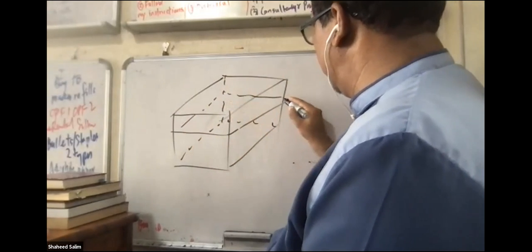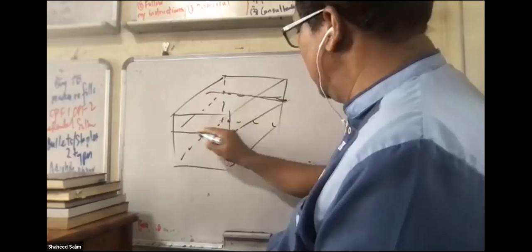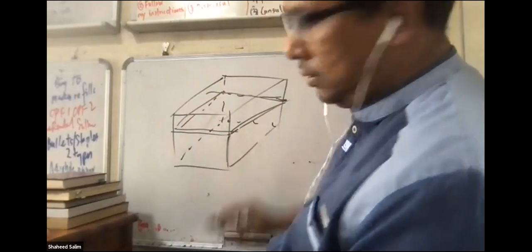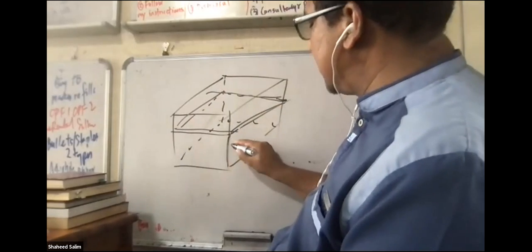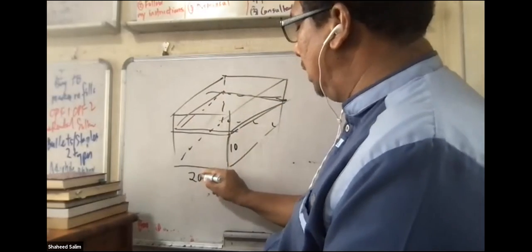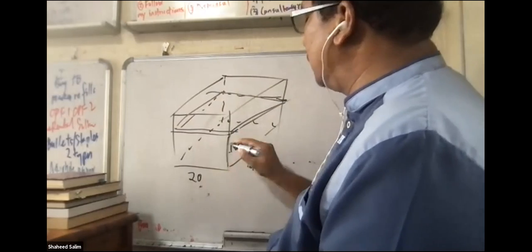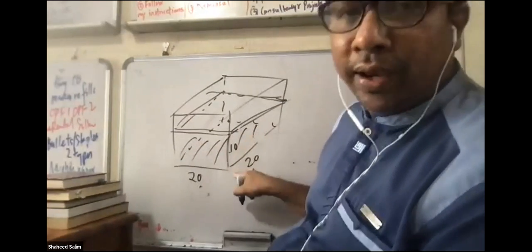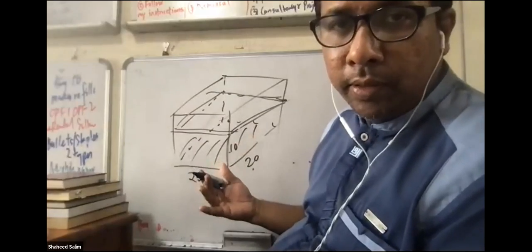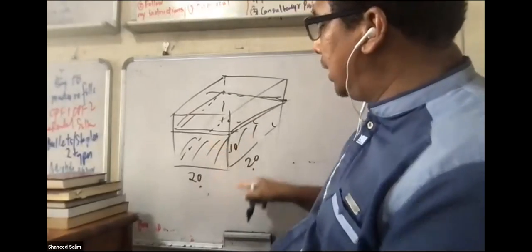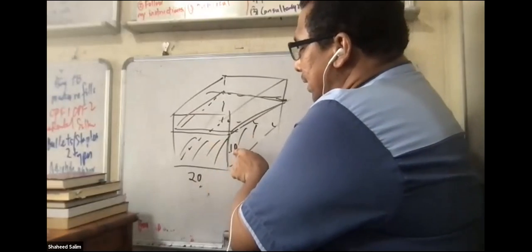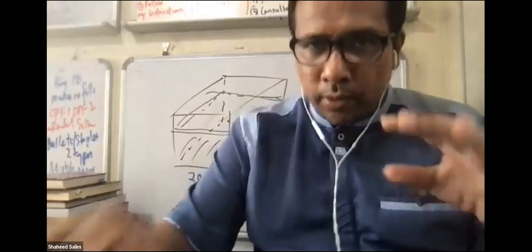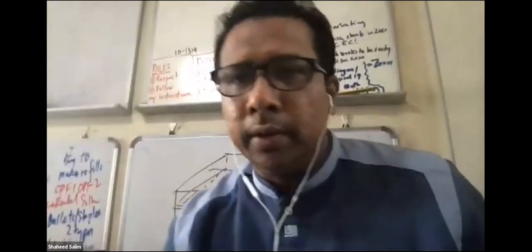The water is here. If they ask you to find the volume of water, very simple, take the height to be here. Let's say height is 10, this is 20, 20. So 20 times 20 times 10, that's the volume of the water. How to find the height? Same formula. But you must take the volume of the water divided by length times breadth equals the height. Okay? Just take note. You got to play around with your mind.